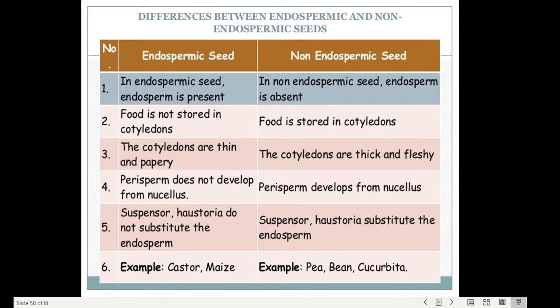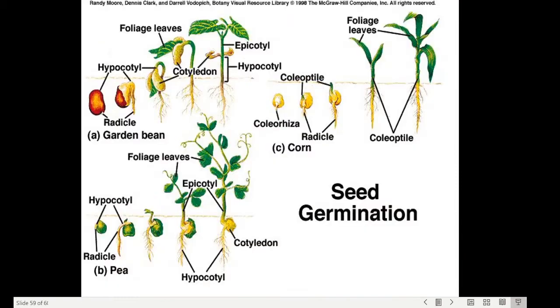In the endospermic seed formation, the perisperm does not develop from the nucleus, but in the non-endospermic seed, it develops from the perisperm nucleus. Very important thing. It's a basic concept, but you need to remember it. Examples for the non-endospermic seeds: pea and others. Then endospermic seeds are maize and castor.